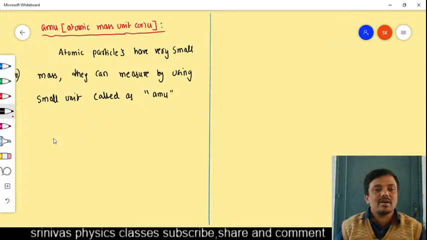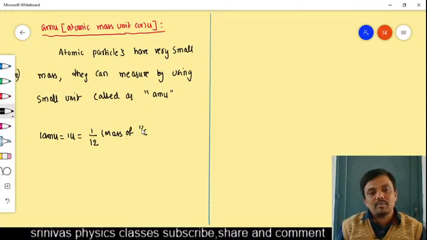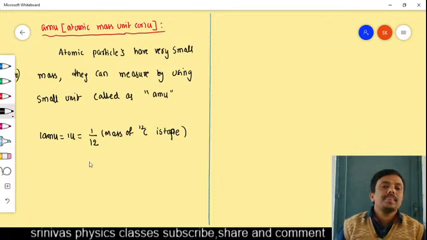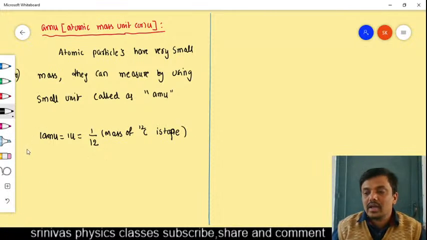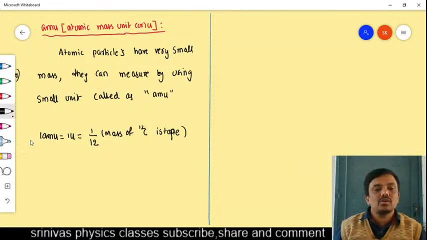AMU means atomic mass unit. Then what is one AMU, or one U? It is 1/12 of the mass of a carbon isotope. One AMU is equal to 1/12 of the mass of a carbon isotope.